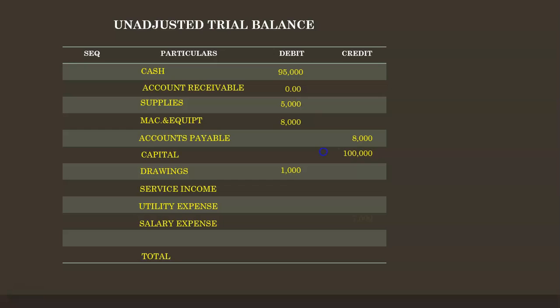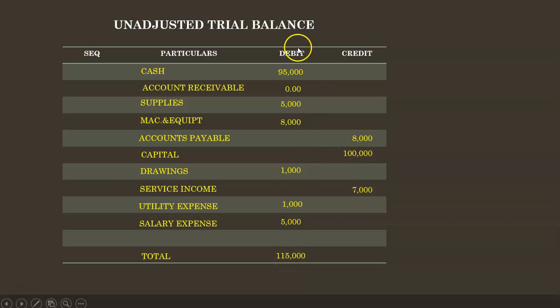Drawings, 1,000. Service income, 7,000. Utility expense, 1,000. Salary expense, 5,000. And the total of this is 95 plus 5, 100, plus 8, 108, plus 1, 109, plus 1 again, 110, and plus 5, 115,000. Yes, this is correct.